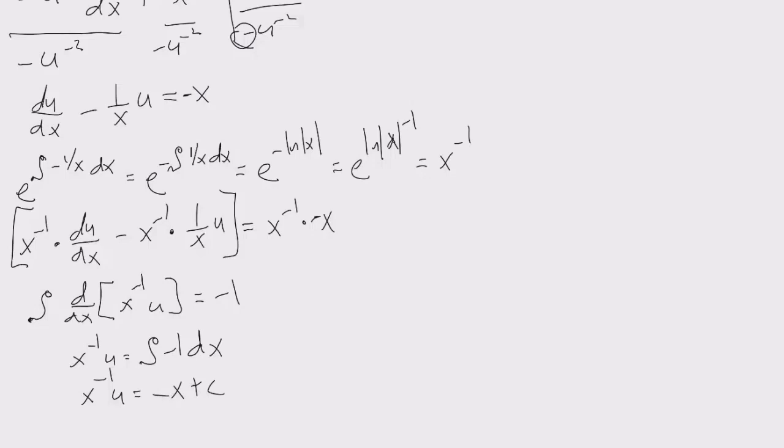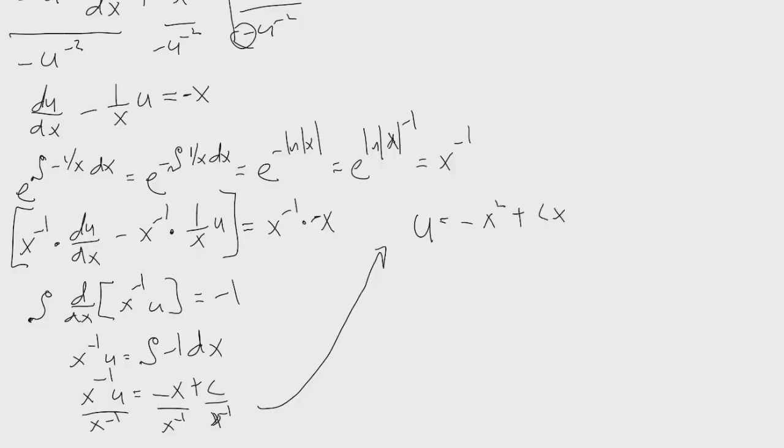And I want to solve for u, so I'm going to divide everybody by x to the negative 1. All right, so that's going to give us u equals negative x squared plus cx.